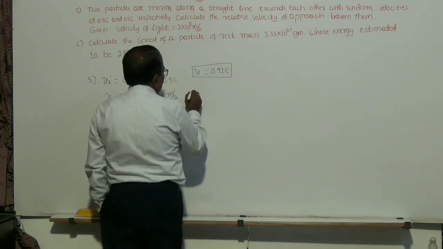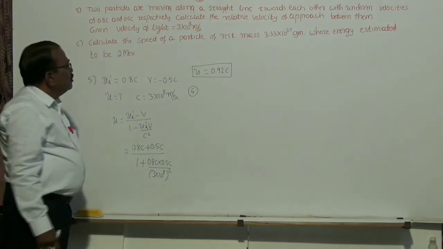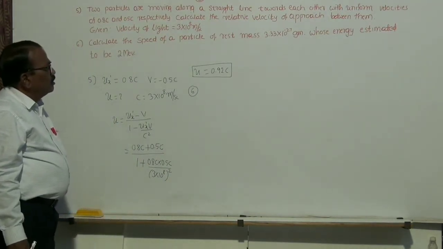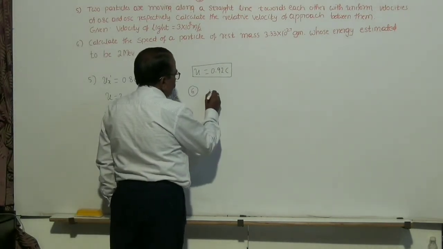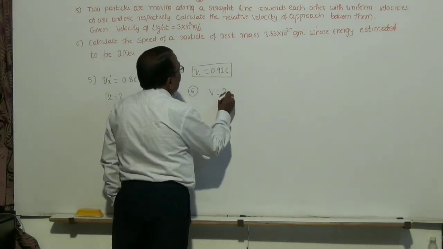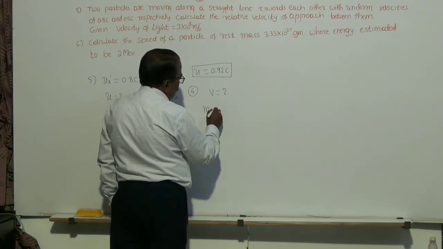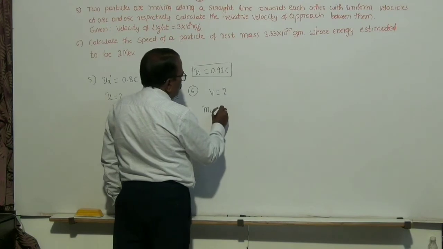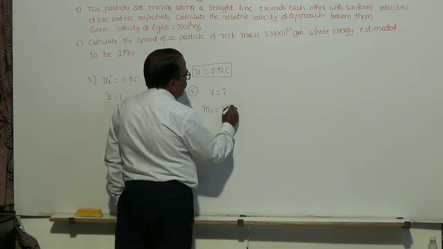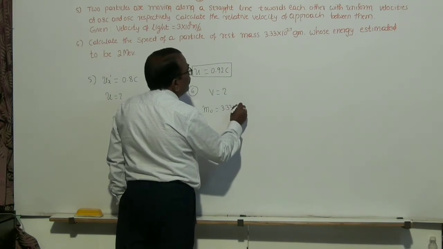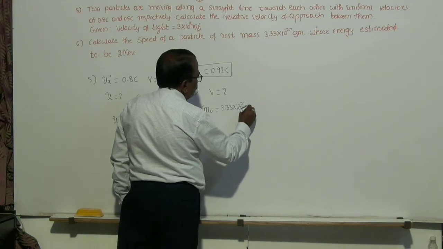Then see the sixth one. Calculate the speed of the particle of rest mass. Now we have to calculate what is v. Rest mass is given. This is m naught is 3.33 into 10 raised to minus 27 grams.